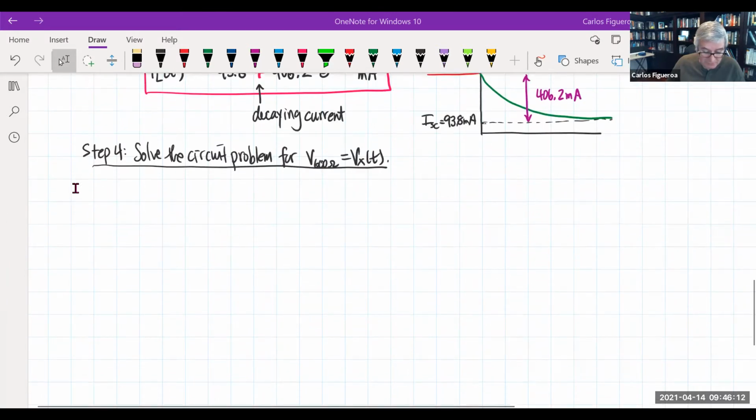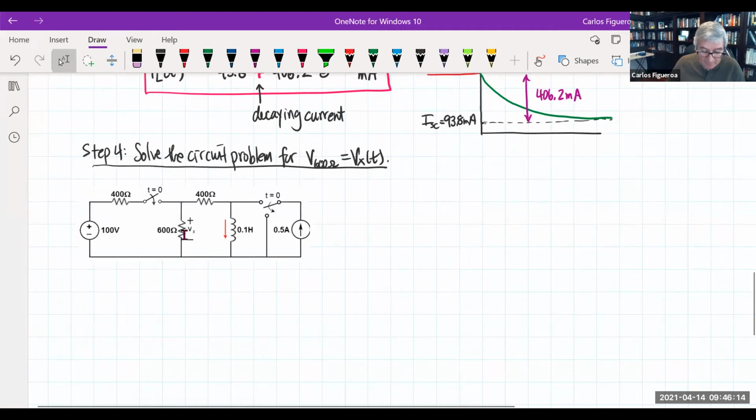So here's my circuit. What I'm seeing is that I don't have the right part of the circuit, of course. I have this part of the circuit.